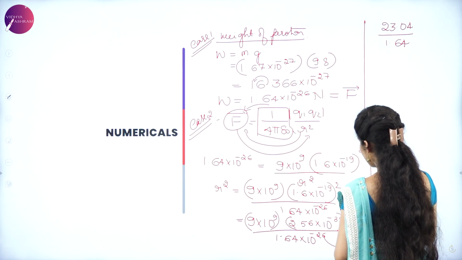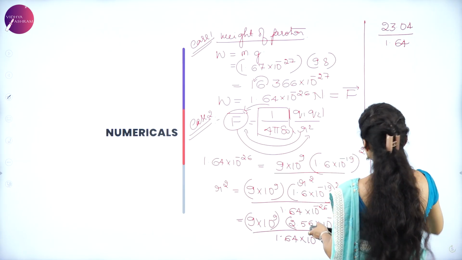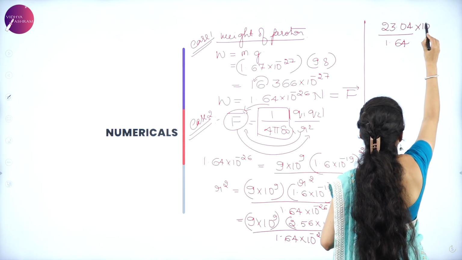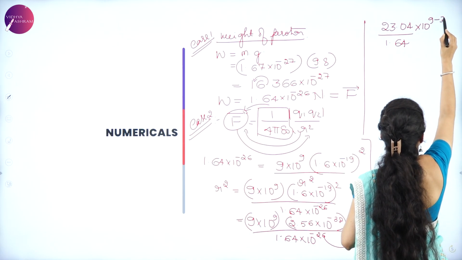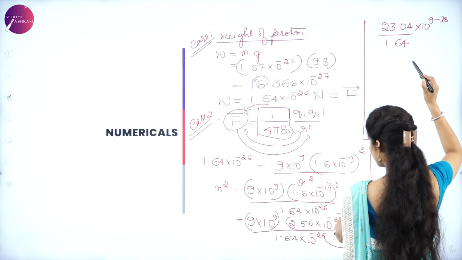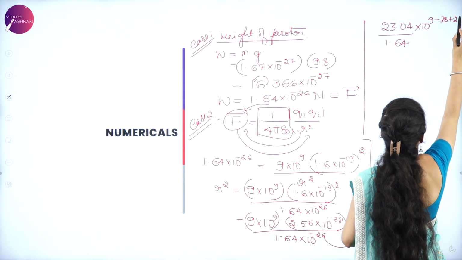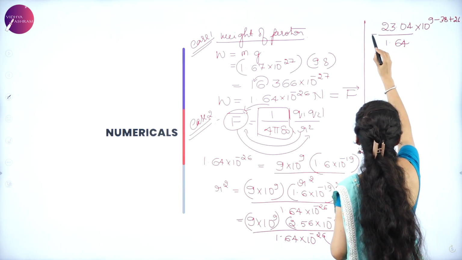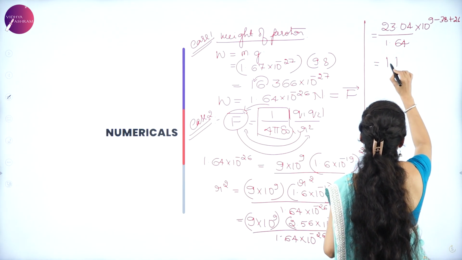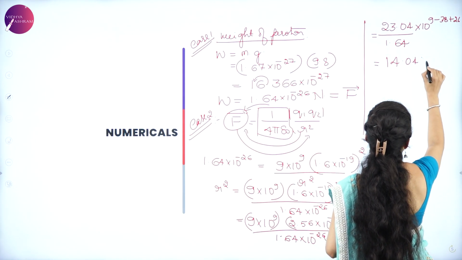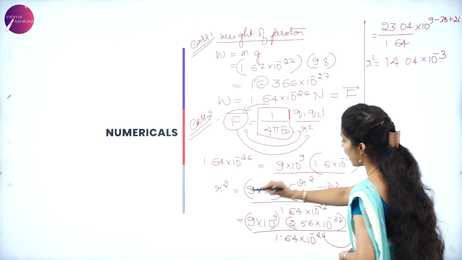Take everything to the power of: 10^9 into 10^-38 into 10^26, since when it goes to the numerator it becomes plus 26. So what we are left with is 14.04 × 10^-3, which is your R square.